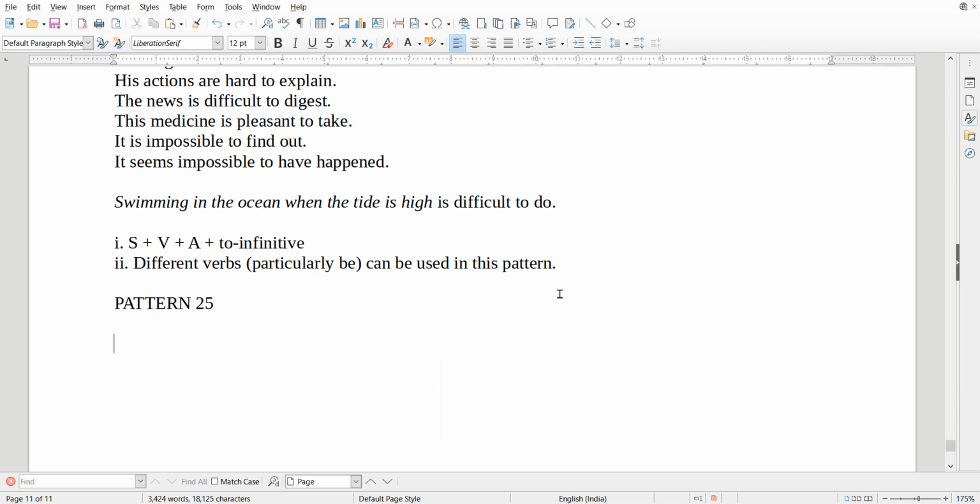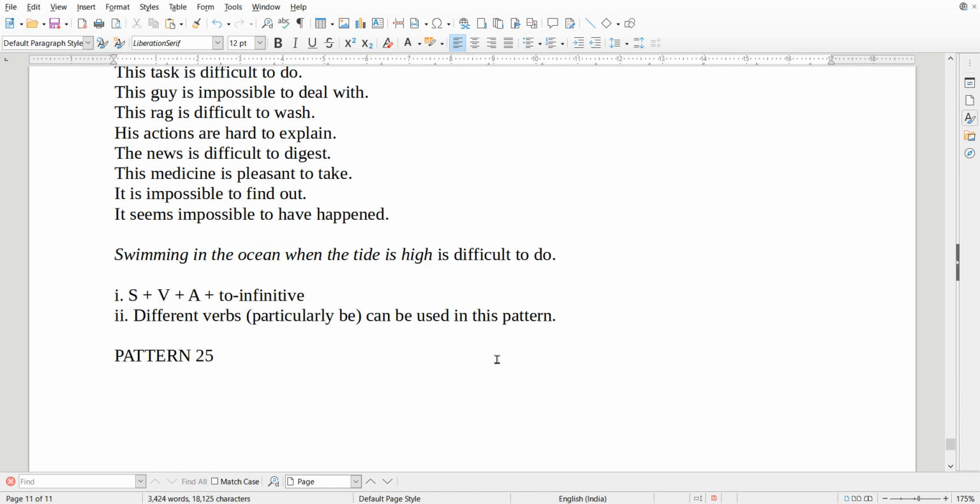It be adjective to infinitive. Okay, this is the same as pattern 23. That's what I was talking about. It is easy to do something. For example, you can make many sentences with that. It is easy to learn a language.